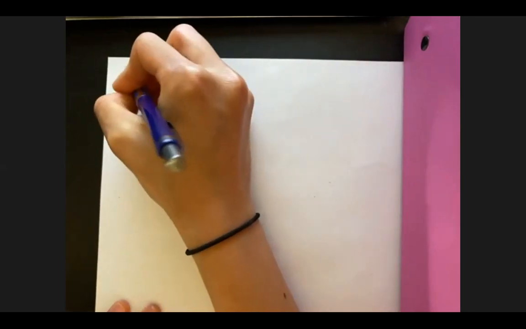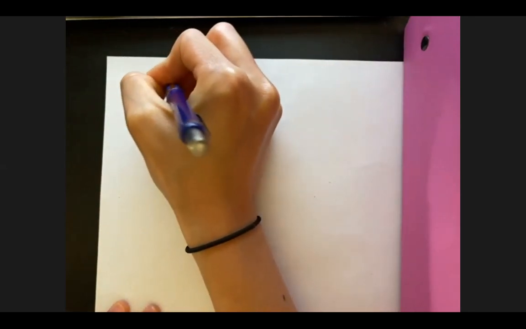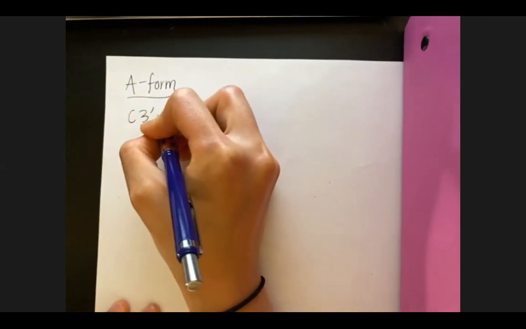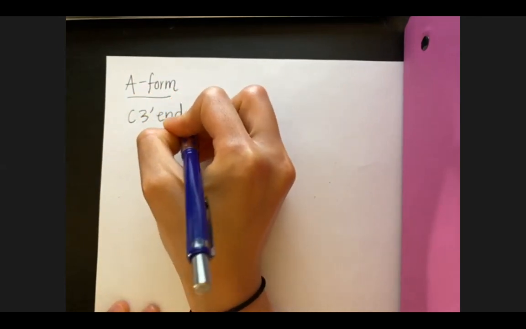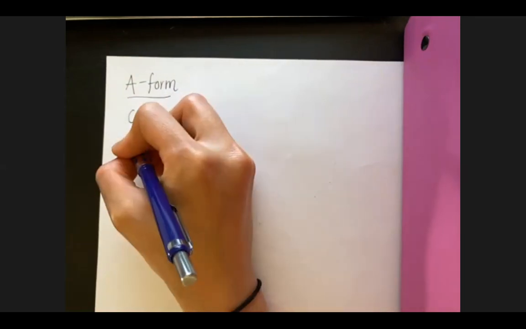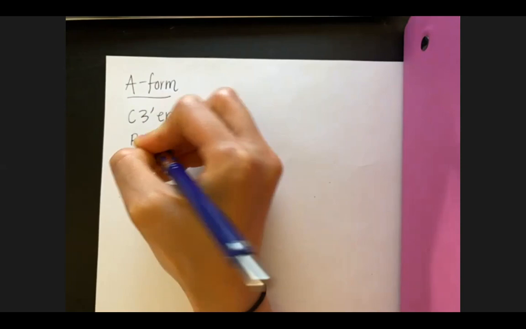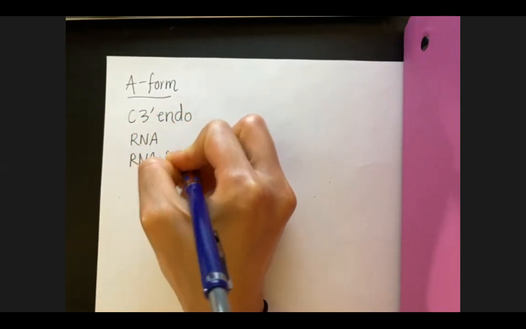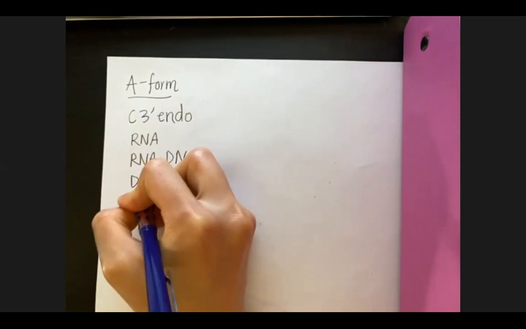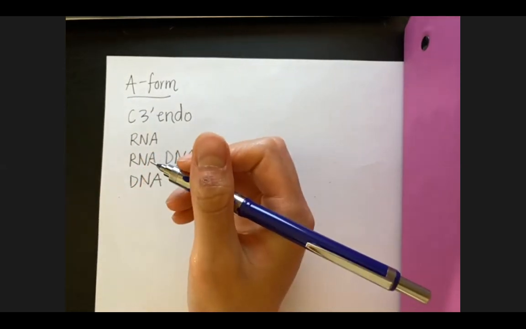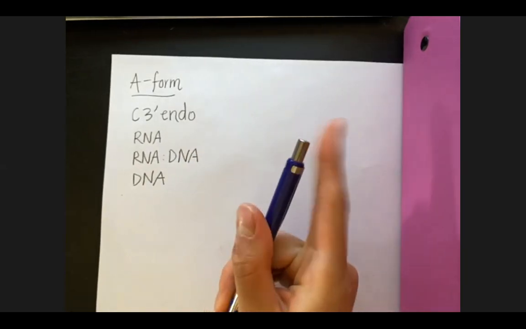A-form, if we remember, will be with the C3' endo sugars. A-form can be for RNA, it can be for RNA-DNA hybrids. It can also be for DNA in some conditions, but generally B-DNA will be more favorable in normal conditions.